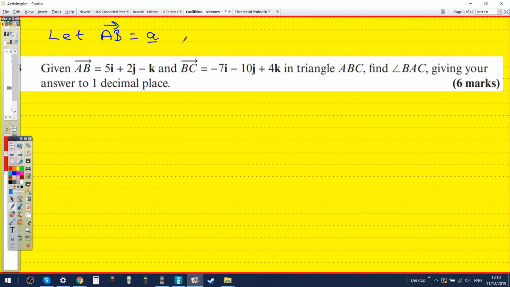Okay. Which equals 2 root 7. Okay. And B to C would be the square root of minus 7 squared minus 10 squared plus 4 squared.